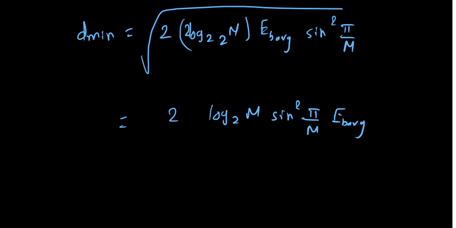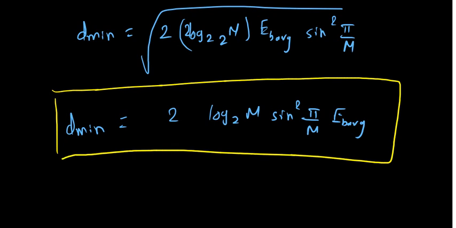So this is what we want at the end. The minimum distance is this, I forgot the under root, yeah, in terms of Eb. So you can see that this is the minimum distance equation in terms of Eb average and in terms of m, right?